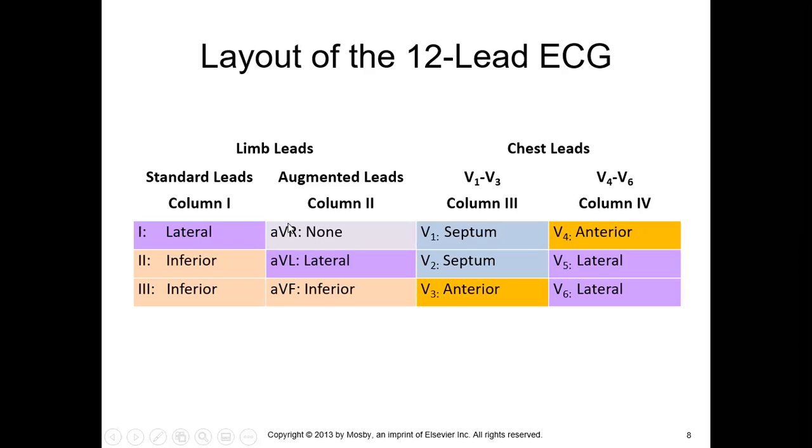These go on the arms and legs. The standard limb leads are recorded in the first column, the augmented limb leads are in the second column, and the chest leads are in the third and fourth columns.